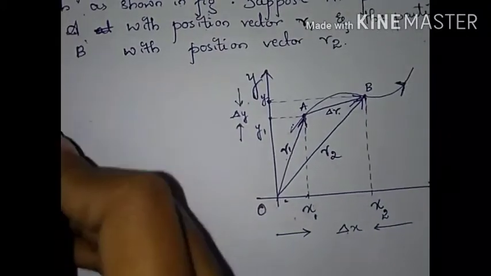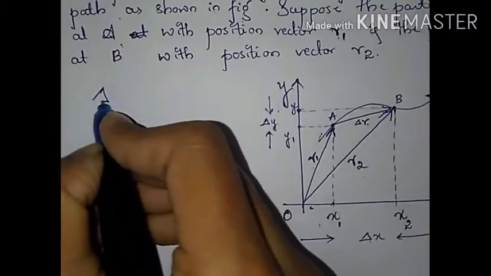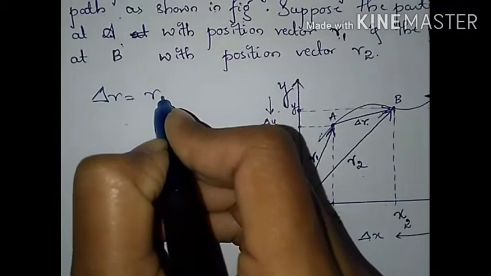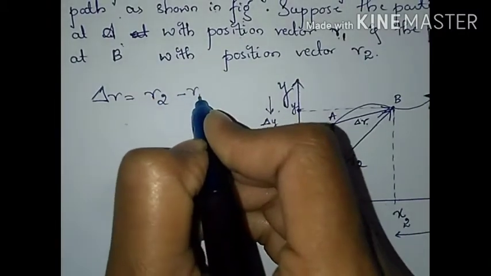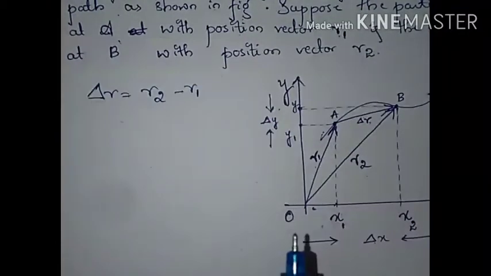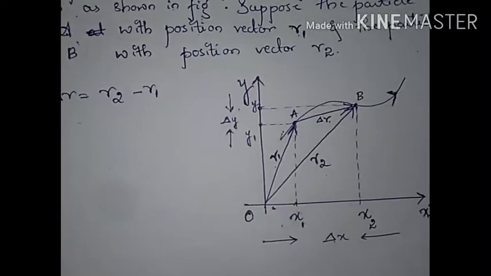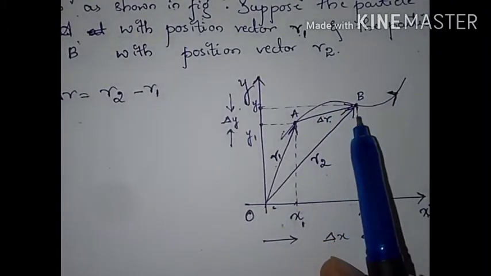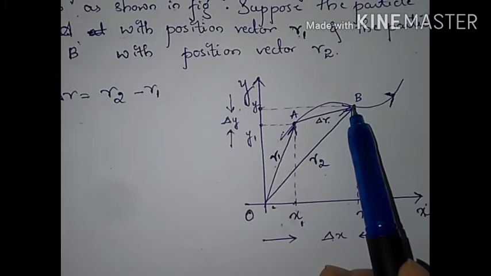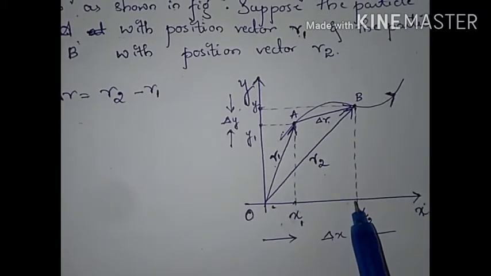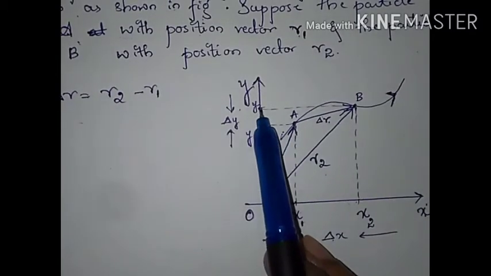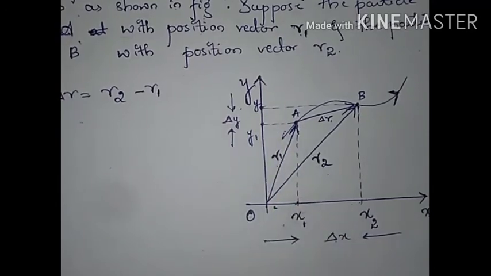Now delta r will be what? r2 minus r1. So from the graph you can see what is r2. r2 can be written as what? x2 I cap and y2 j cap.